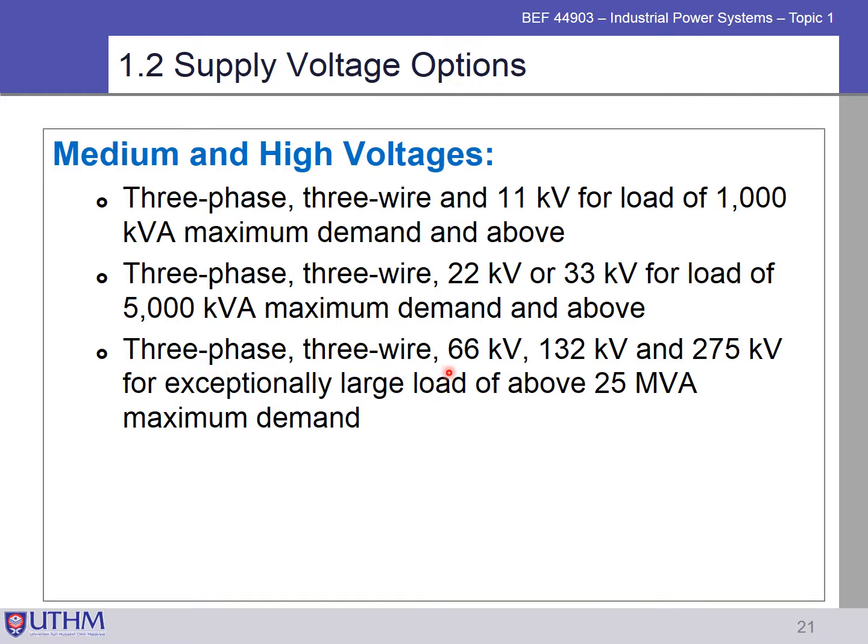The voltage is 66 kV, 132 kV and 275 kV, and the load is above 25 MVA maximum demand. Basically the last one refers to the transformer rating, usually 25 MVA and then 50 MVA. So the last one is focusing on generation.